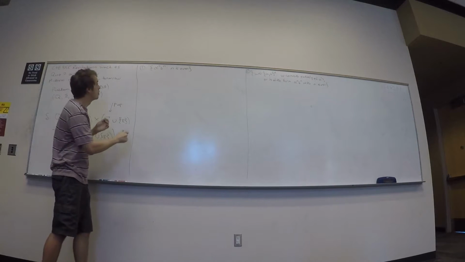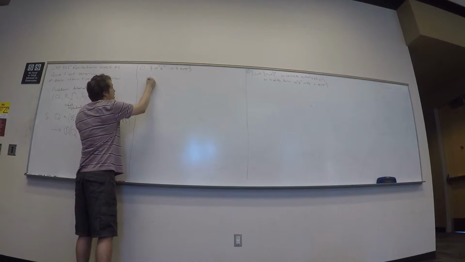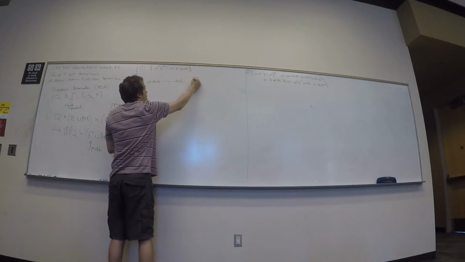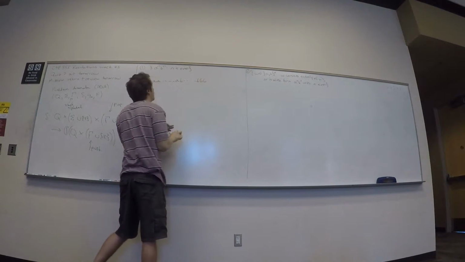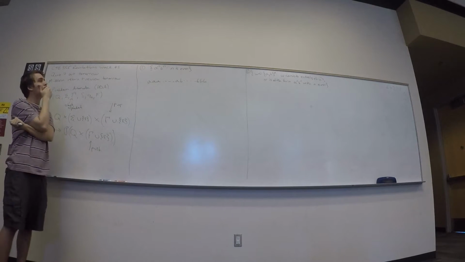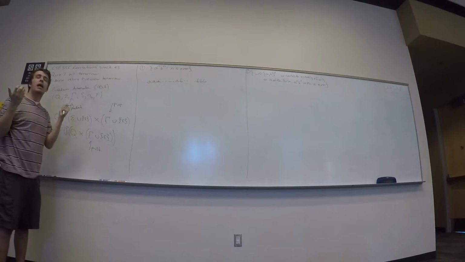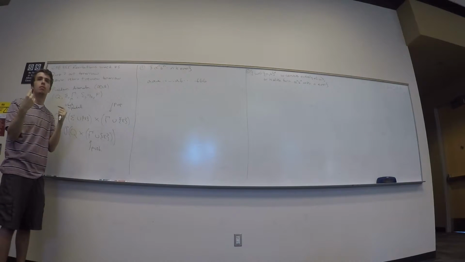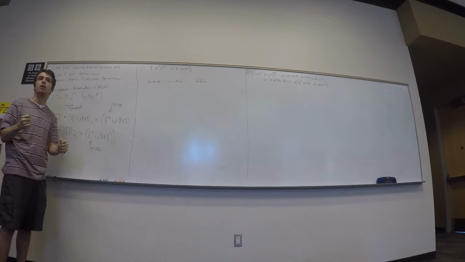If I have a string that looks like this, it's a bunch of A's, an even number of them, followed by a bunch of B's, an even number of them. Well, how did we handle 0 to the n, 1 to the n, where n is at least 0, not the even part? How did we handle that?